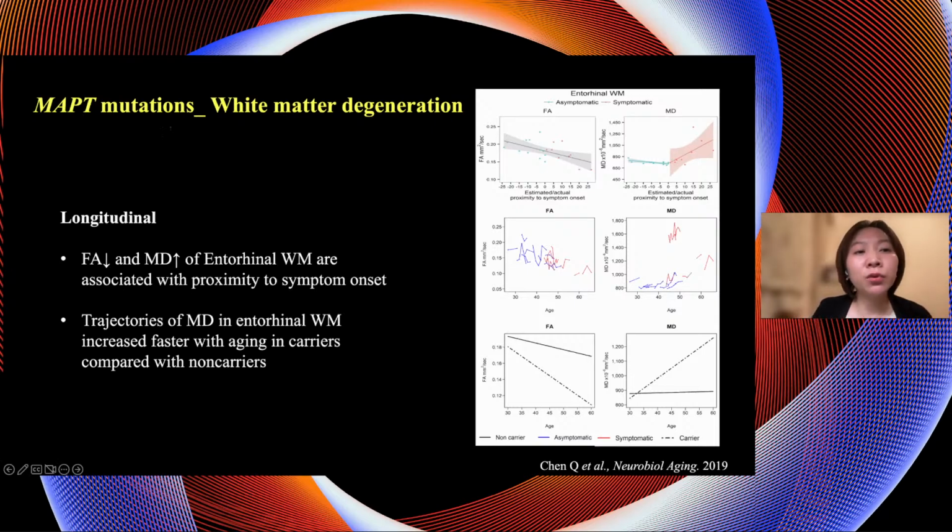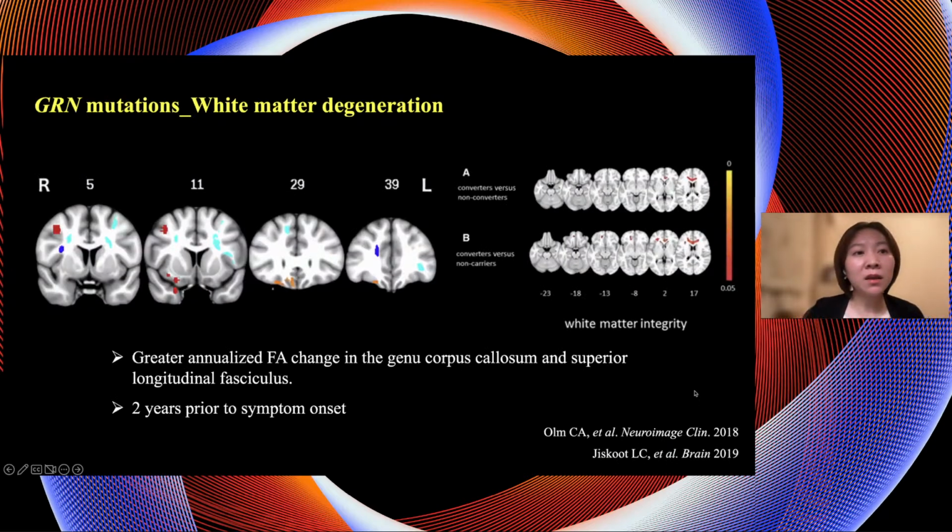So we see that decreased FA and increased MD of the white matter are associated with the proximity to symptom onset in the MAPT mutation carriers. And the trajectory of MD in the white matter increased faster with age in the carriers compared with non-carriers.